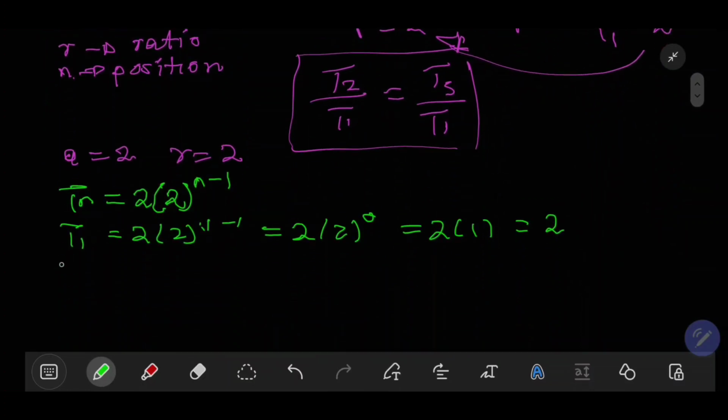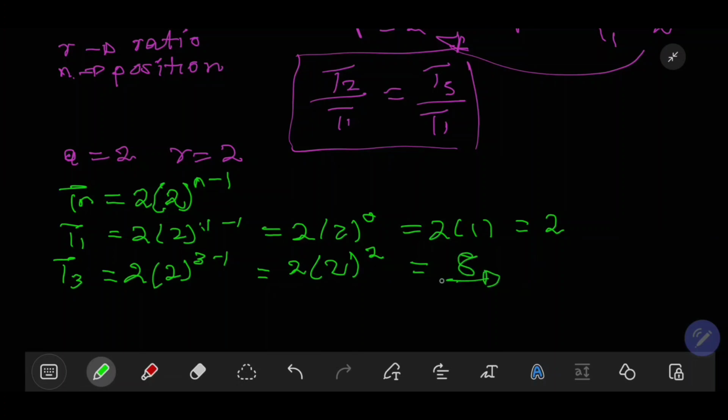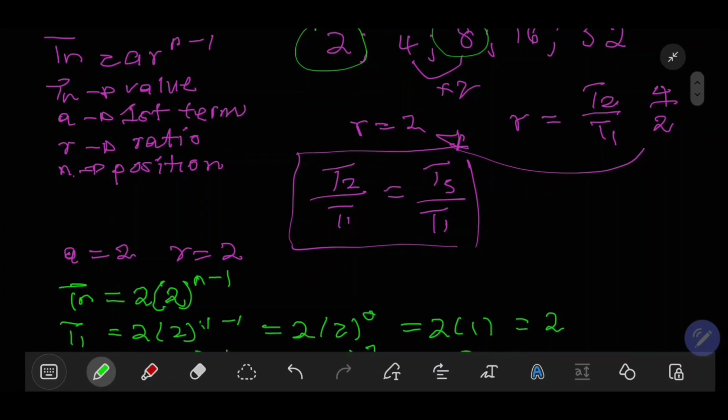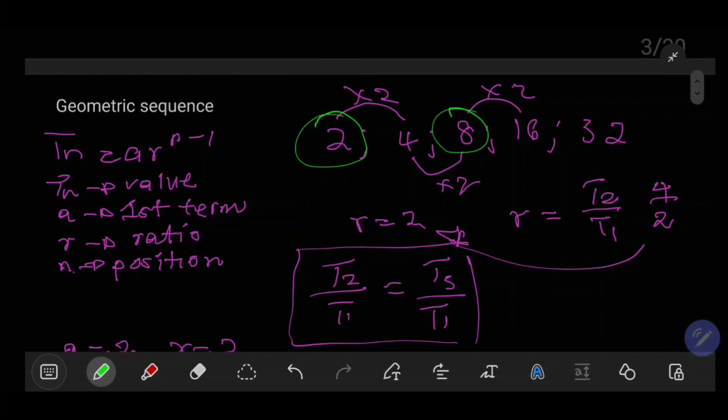We can also check term number 3: 2 into 2 exponent 3 minus 1, so 2 exponent 2, which is 4, multiplied by 2 is 8. So term number 3 is 8. This is how we apply this general rule for the geometric sequence.